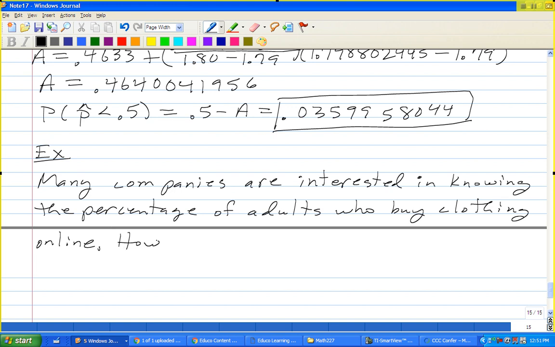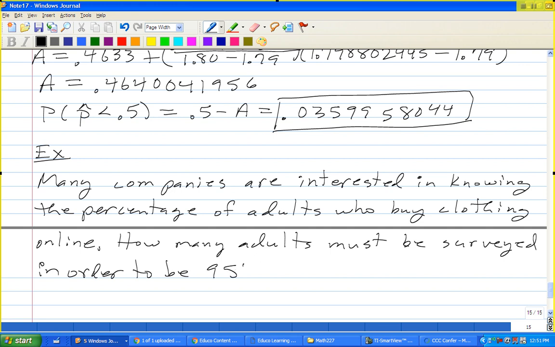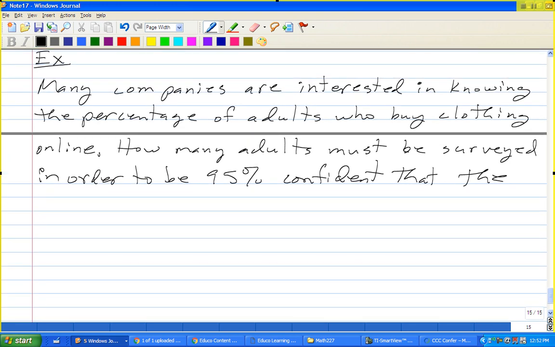How many adults must be surveyed in order to be 95% confident that the sample percentage is off by no more than 3 percentage points?